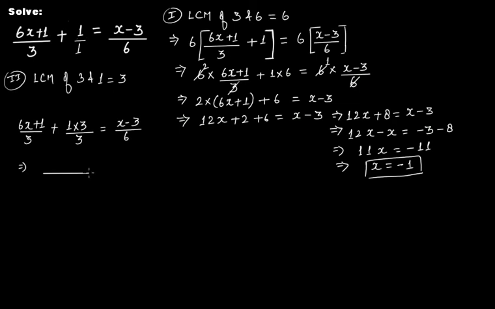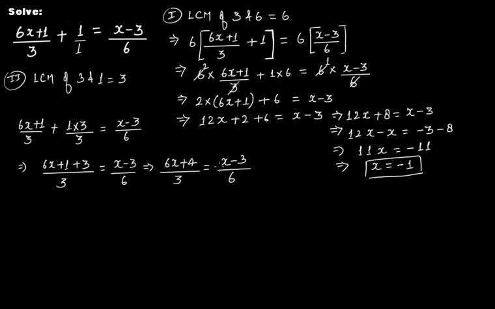Now this becomes 3. (6x plus 1 plus 3) by 3 is equal to x minus 3 by 6. This is 6x plus 4 by 3 is equal to x minus 3 by 6.